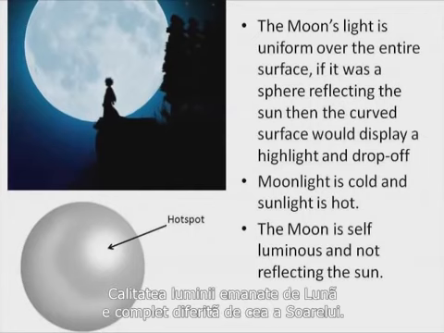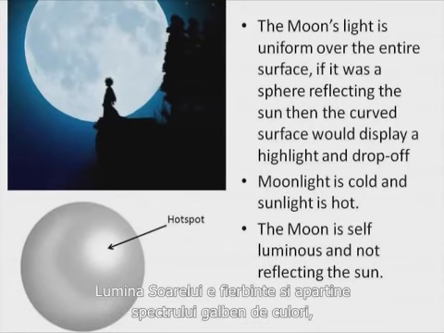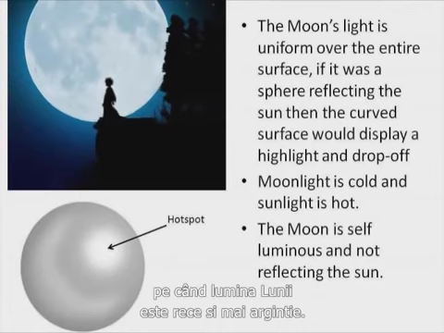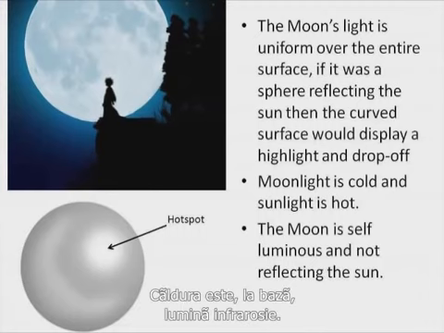The quality of the light from the moon is completely different from the sun's light. The sun's light is hot, and it's shifted towards the yellow part of the spectrum, whereas the light from the moon is cold and more silvery. Heat is essentially infrared light.